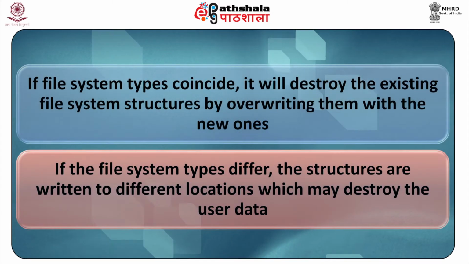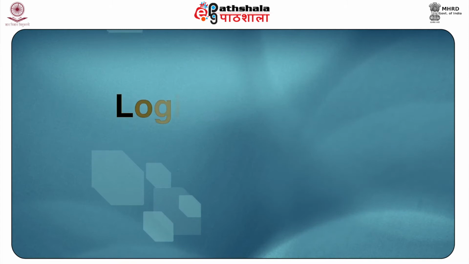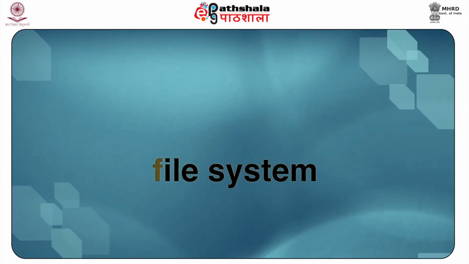First, if file system types coincide, it will destroy the existing file system structures by overwriting them with the new ones. Second, if the file system types differ, the structures are written to different locations which may destroy the user data.